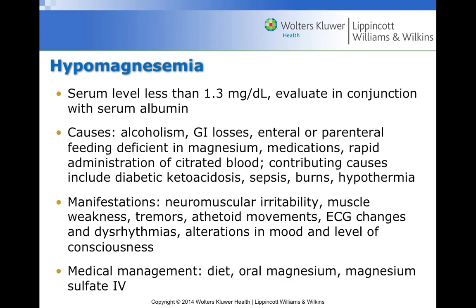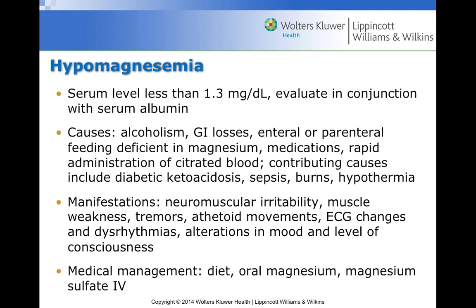So, of course, we will look at the deficit, which is hypomagnesemia, and this is any level below 1.3, and that's frequently associated with hypokalemia and hypocalcemia. Magnesium is similar to calcium in two aspects. It is the ionized fraction of magnesium that is primarily involved in neuromuscular activity and other physiological processes, and magnesium levels should be evaluated in combination with albumin levels.